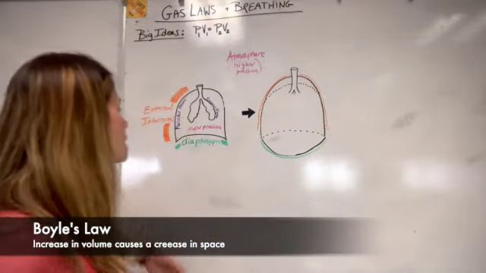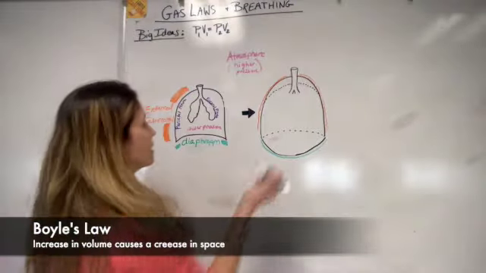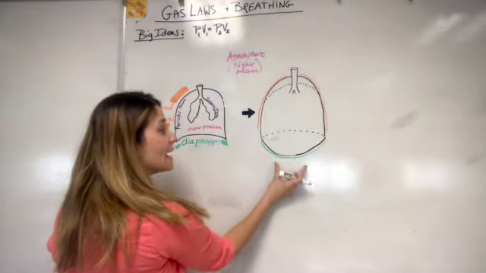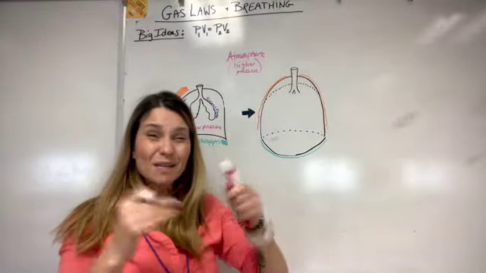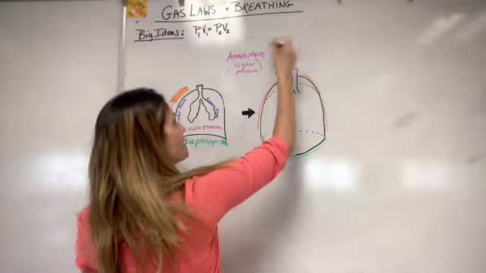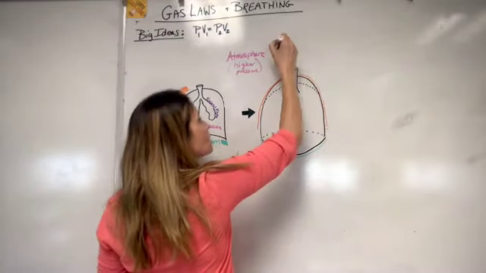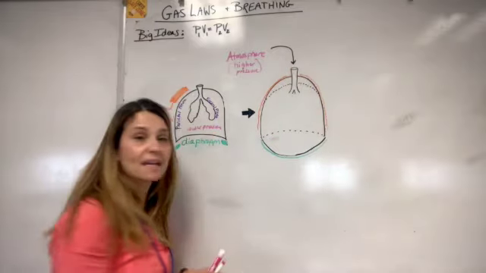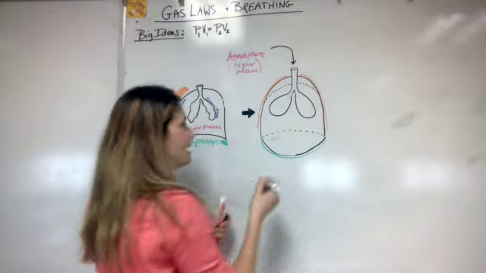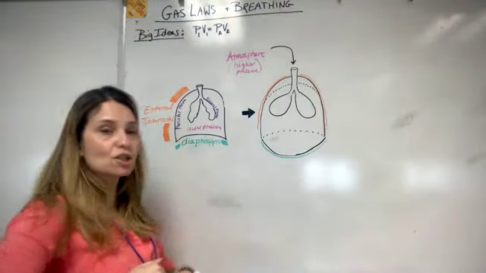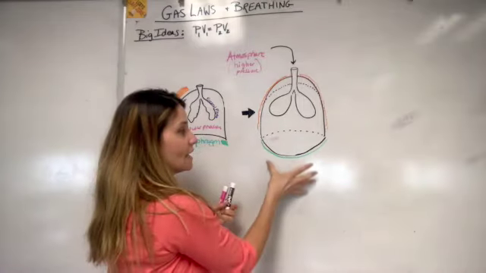So when I pull down on the diaphragm, I'm increasing the volume, decreasing the pressure, and the pressure in the atmosphere is already slightly higher. It's just going to want to go into that space and fill our lungs up even more, okay?